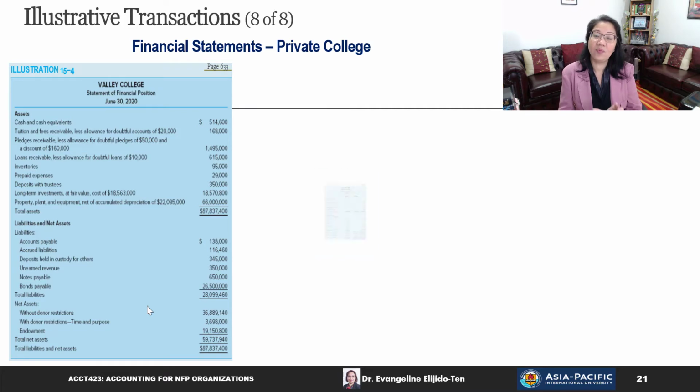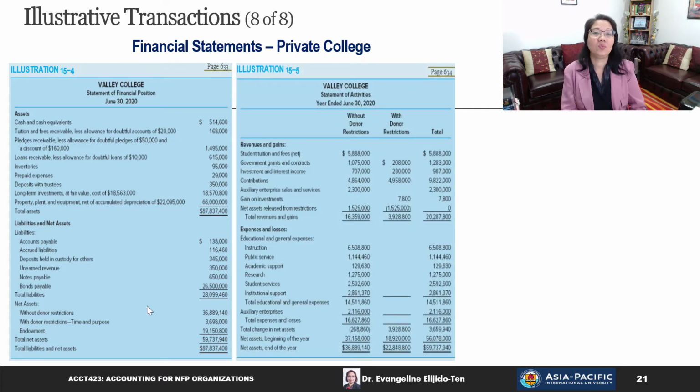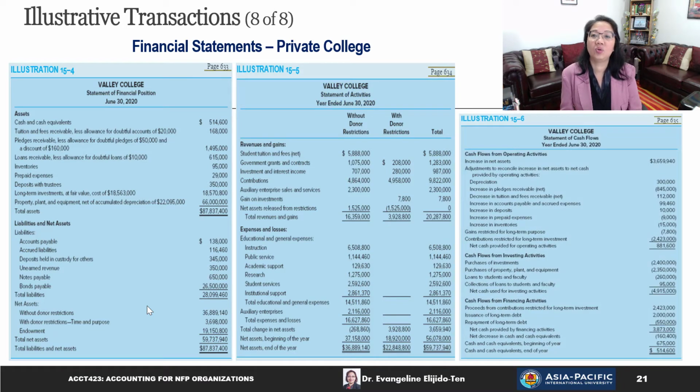It will have the operating statement in the form of statement of activities, and the statement of cash flows will also be provided.